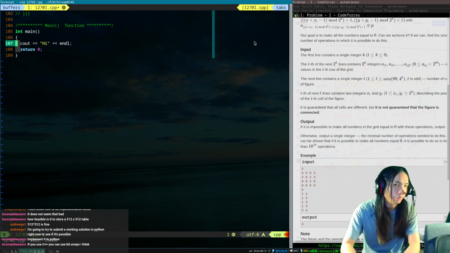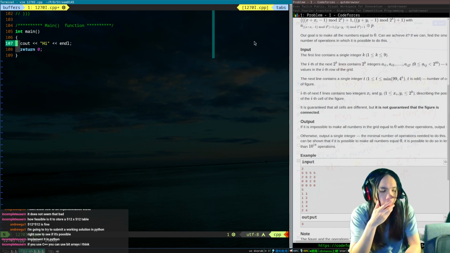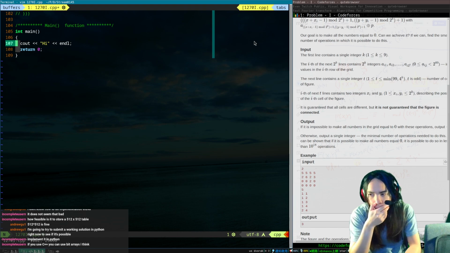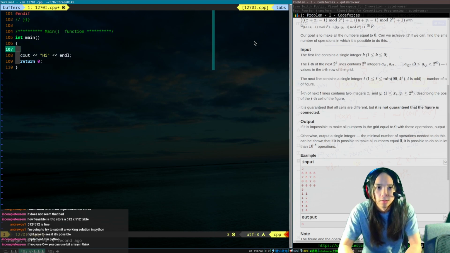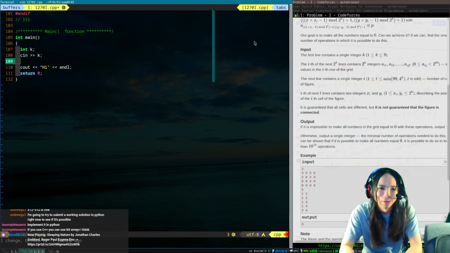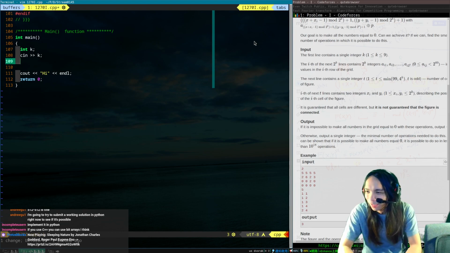Yeah, I agree. We want to use bit arrays. Oh god. Alright. So int k. Is this how I store an integer in k? I haven't used this in so long. I don't remember how to read input.